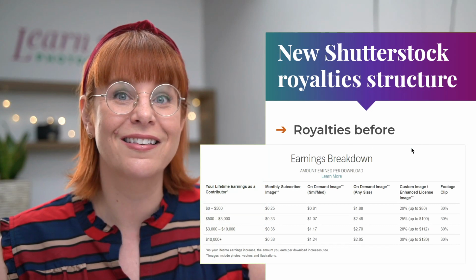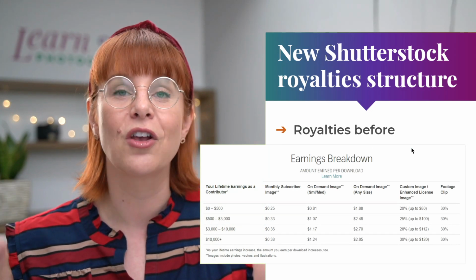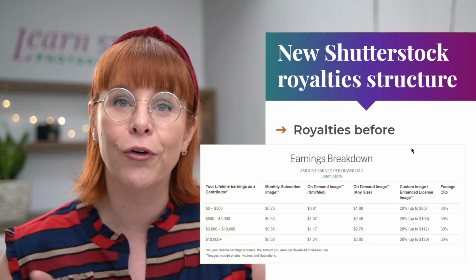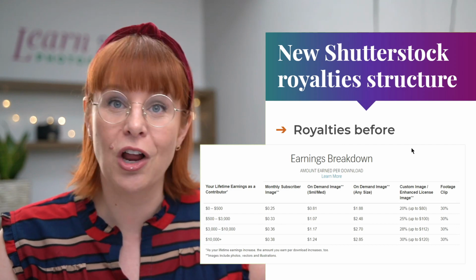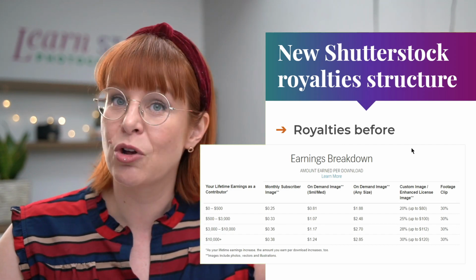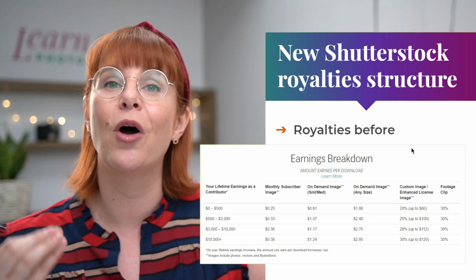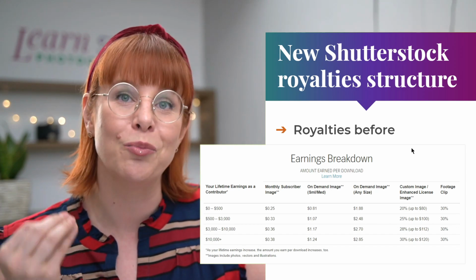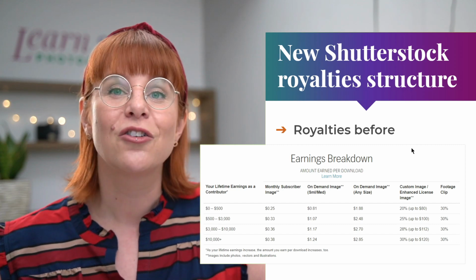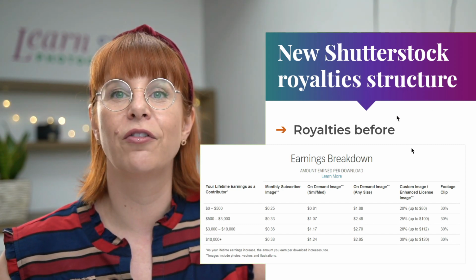Now here is an example of what the royalties looked like before June 1st. There is a lot of information, but I am going to focus today on the subscription royalty, because this is what contributors earn the most from in most portfolios. Let me show you from my cursor.